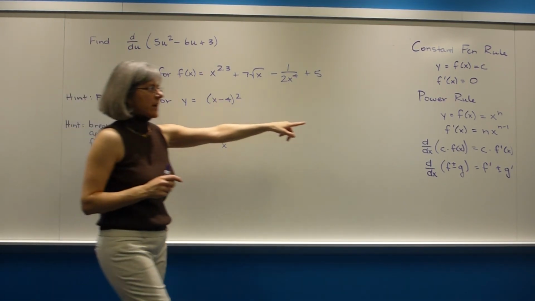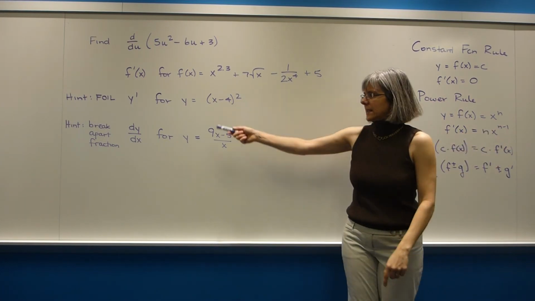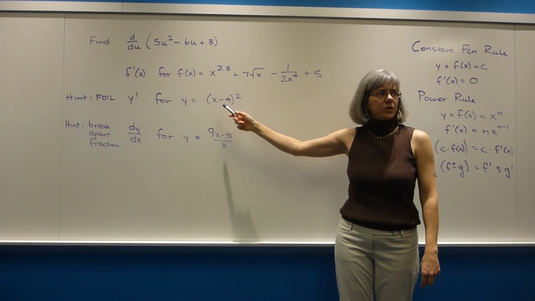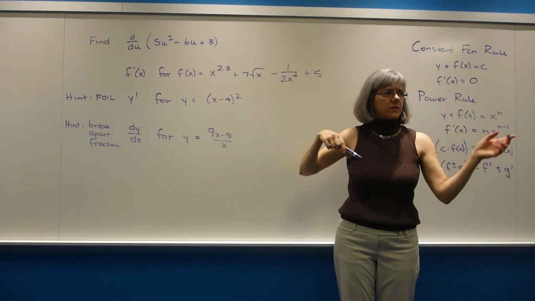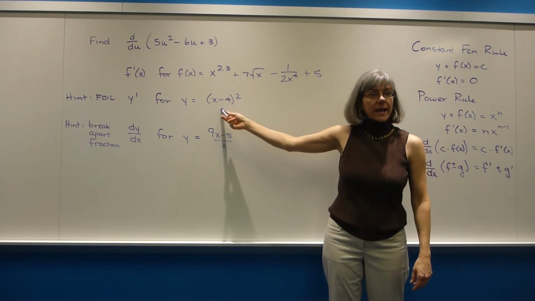Does that follow this pattern? No. That's just an x. That's an x minus 4. So the power rule does not apply directly to this. In several days we'll see how it sort of does, but not directly. So you have to FOIL that out.